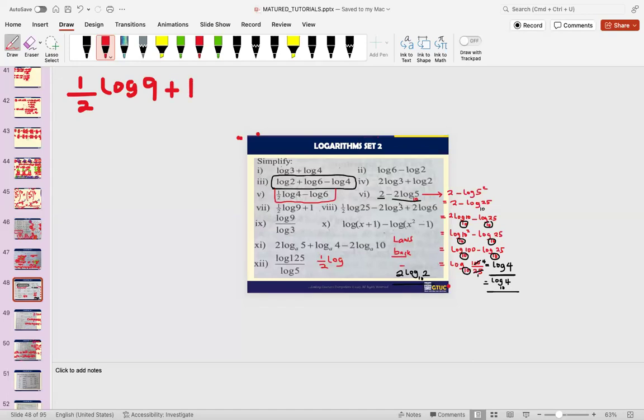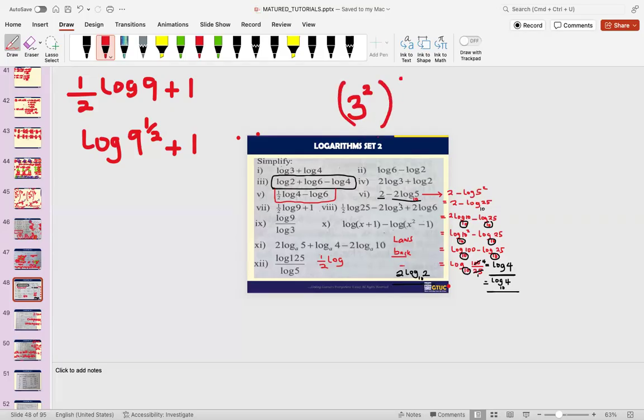Before we can apply the laws, we need to remove this half from the back and do something about this one. So let's do it one after the other. This half moves up here. So we have log 9 raised to the power half plus 1. 9 raised to the power half, if you remember the indices we did, 9 is the same as 3 squared.